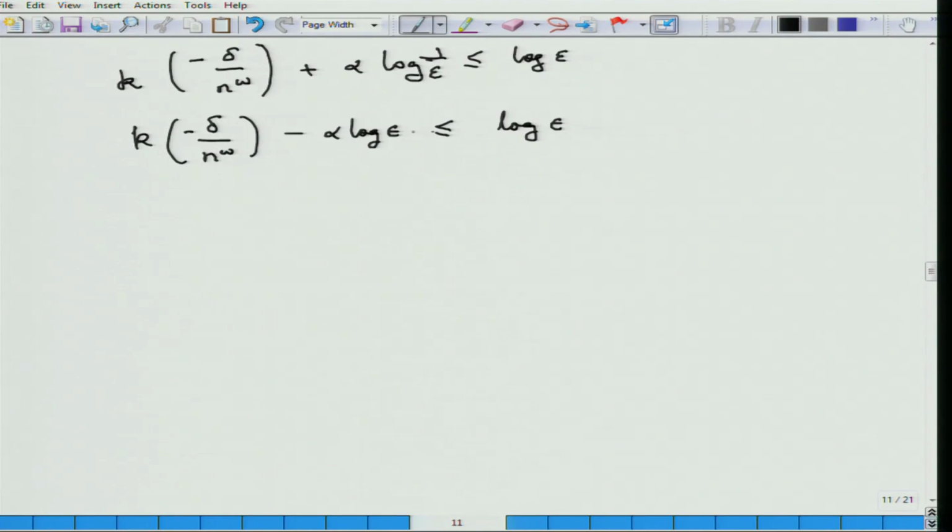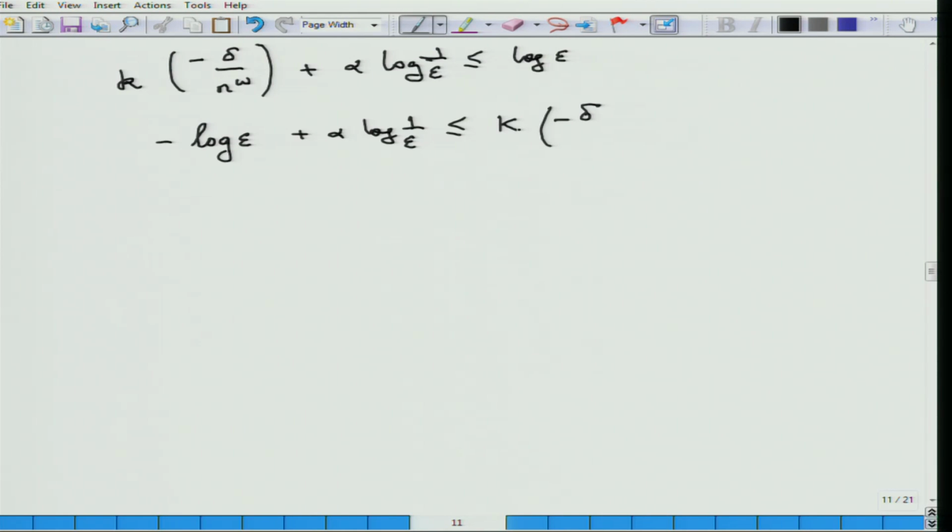So, what does it say, that if this would happen, then I would take it to this side. So, I will have k times... it is much better. I think this is not the way, it is much simpler to do it in this way. So, I will put minus log epsilon plus alpha log 1 by epsilon is less than or equal to k times, small k I am writing, minus delta by n omega.